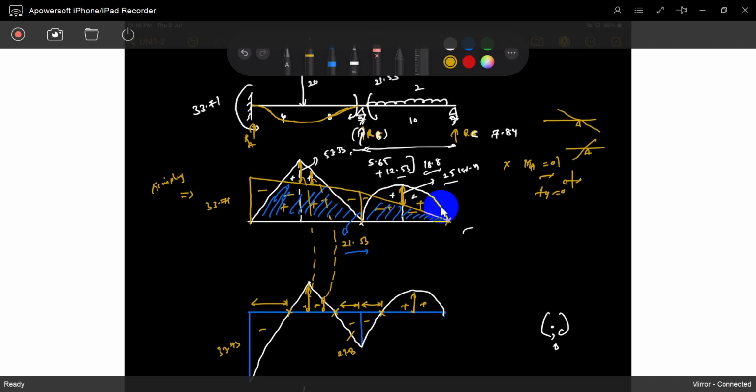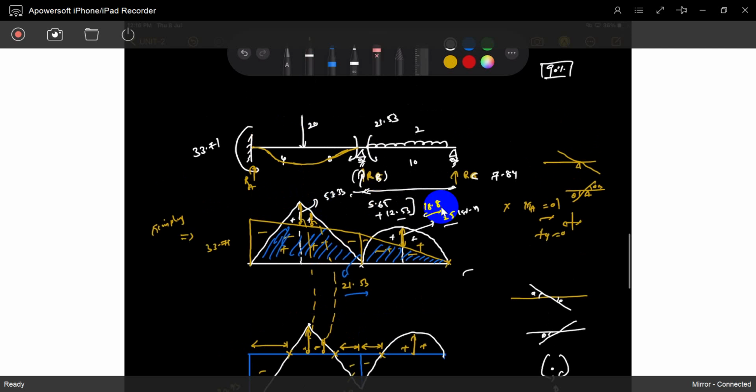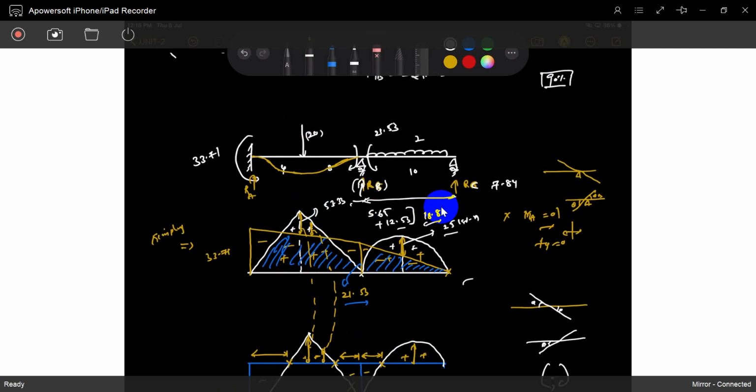Later, with slope deflection and moment distribution, we have to find the deflection at location B. Most probably, because it has a 20 and a uniformly distributed load, it will maintain the slope here, then decrease, change the deflection, and maintain the slope. Okay, that is the deflection profile.